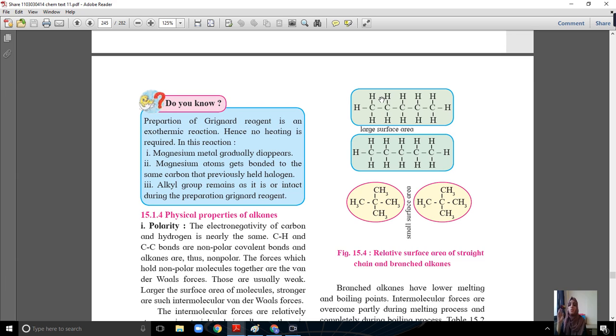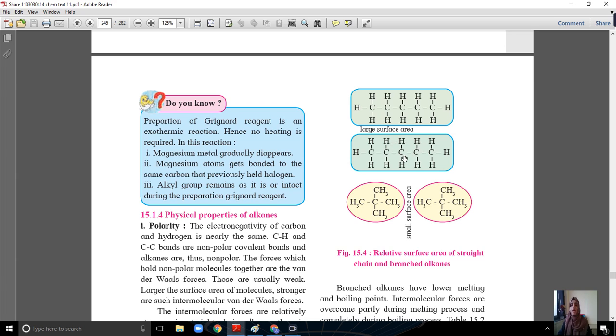Okay, and the forces which hold the non-polar molecules together are the van der Waals forces. So what forces are in the hydrocarbons, the saturated molecules? Those forces are van der Waals forces.